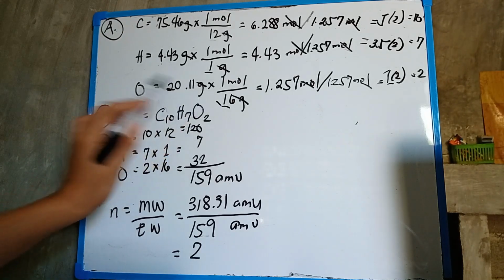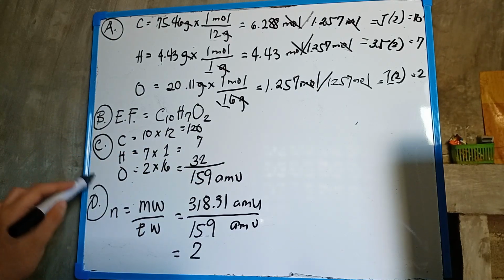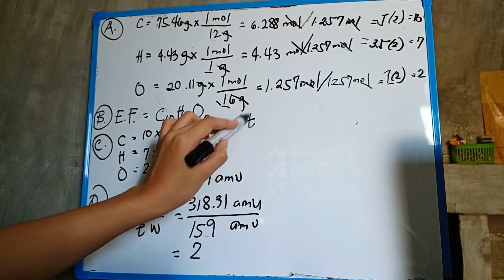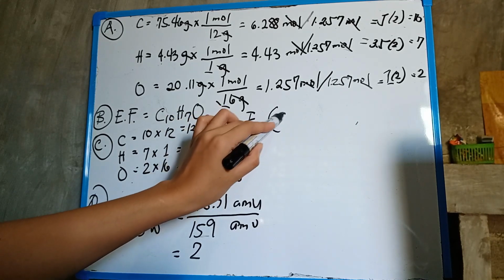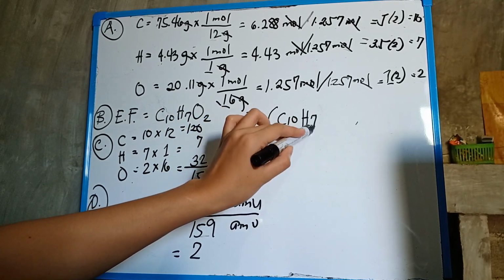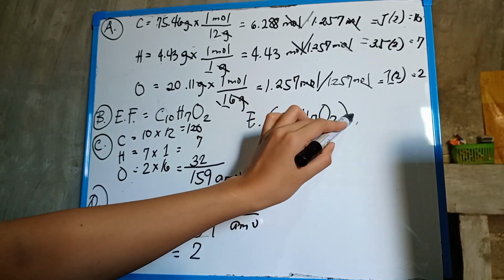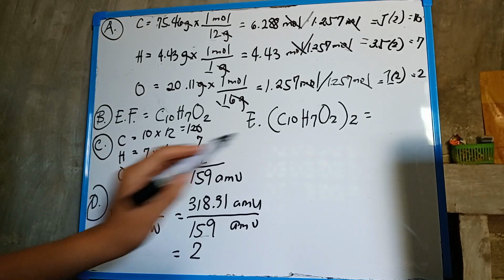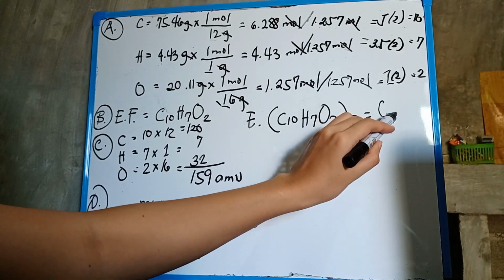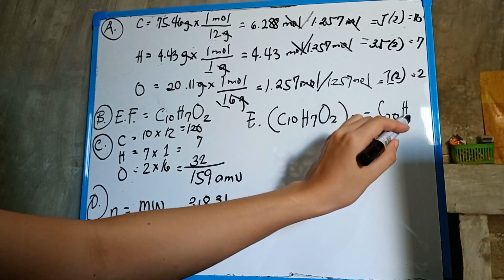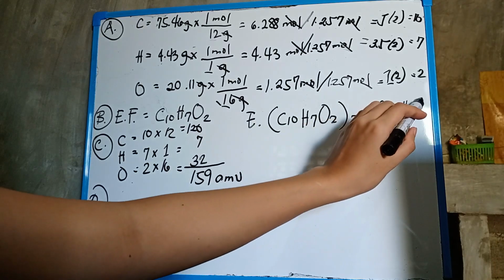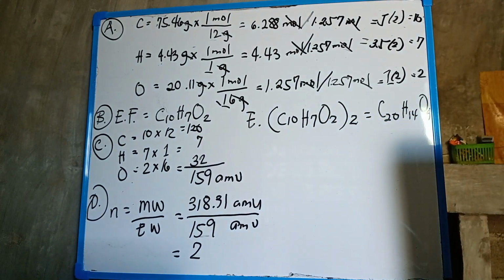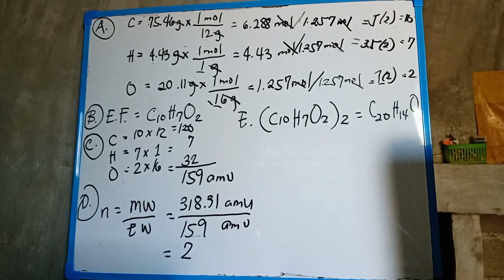We can now use this to get our molecular formula. So step E. C10H7O2 times 2. So our result: 10 times 2 is equivalent to 20. H is equivalent to 14. And oxygen is equivalent to 4. So that is now our molecular formula.